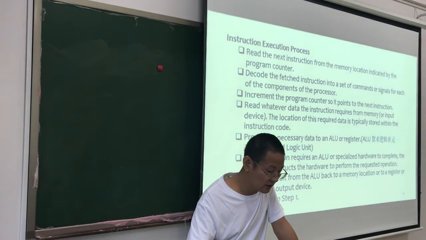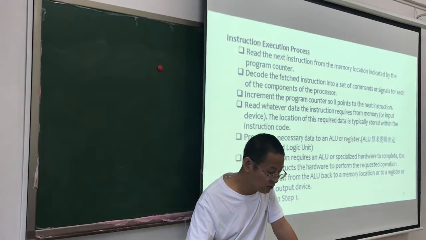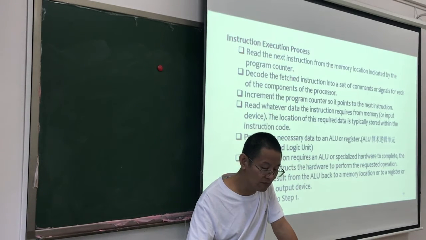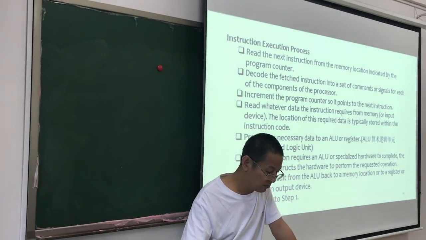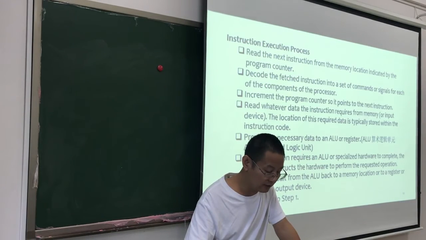Increment the program counter so it points to the next instruction. Read whatever data the instruction requires from memory. The location of this required data is typically stored within the instruction code. Provide the necessary data to an ALU or register.